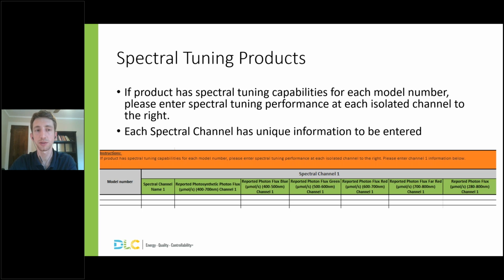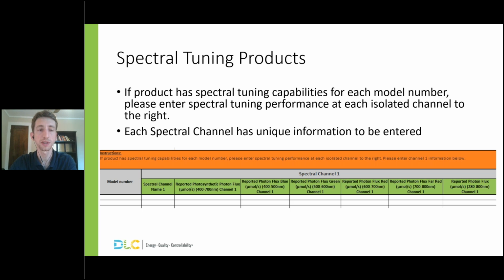Lastly, the Spectral Tuning tab is applicable only for horticultural products that have spectral tuning capabilities. And on this tab, each model number within your application from the Reported Performance tab must be included as well, and the spectral channel performance must be entered.